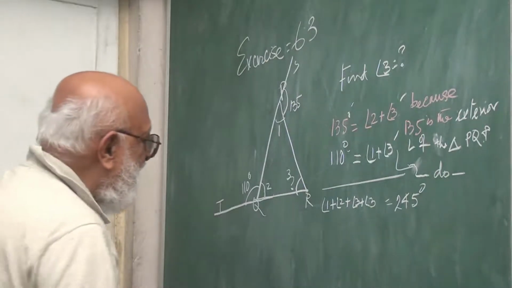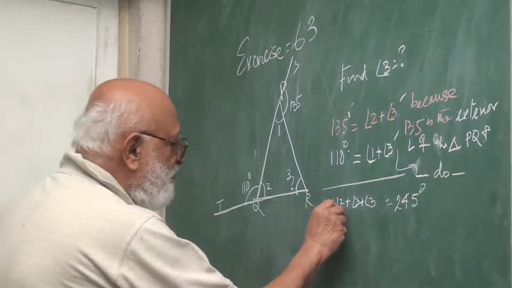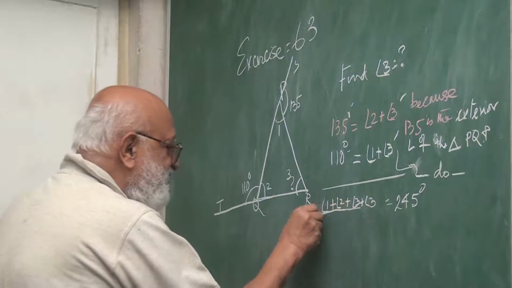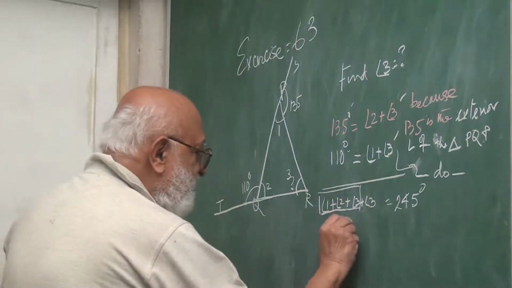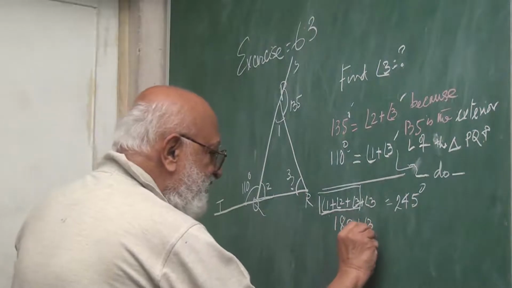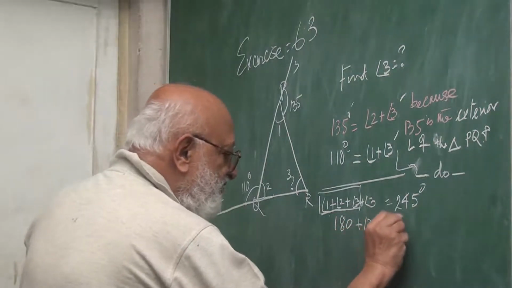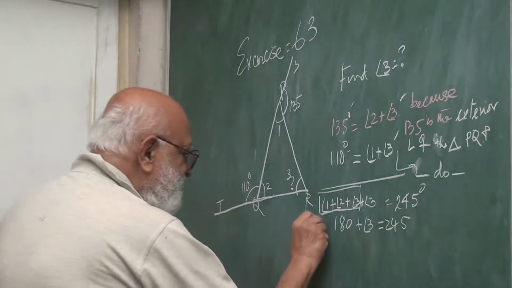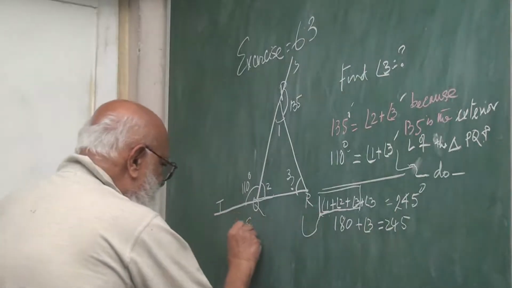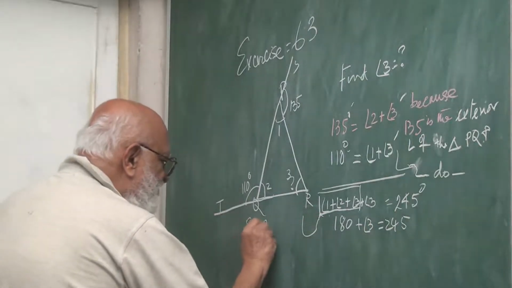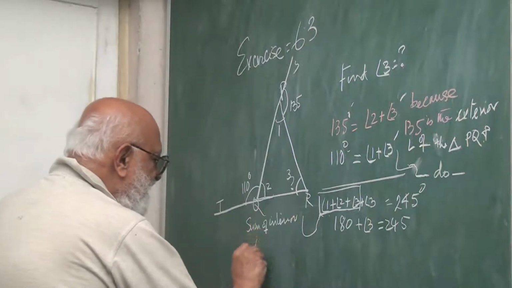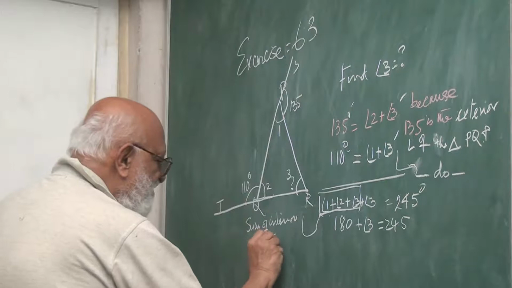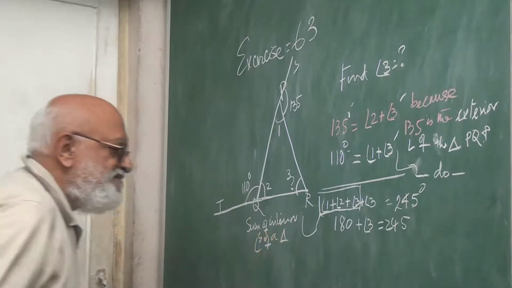What do I have? Angle 1 plus angle 2 plus angle 3, this portion I can easily write as 180, plus angle 3 is equal to 245. Again, this is the sum of interior angles of a triangle.